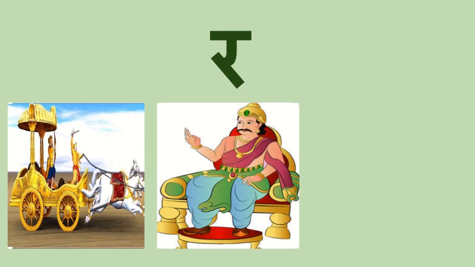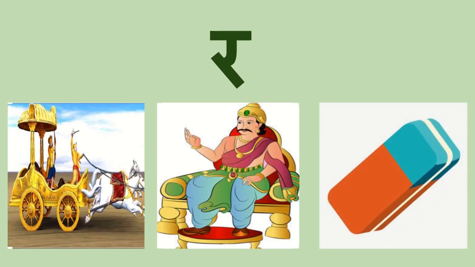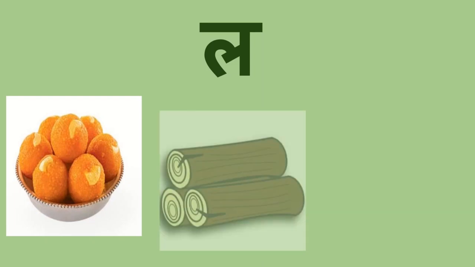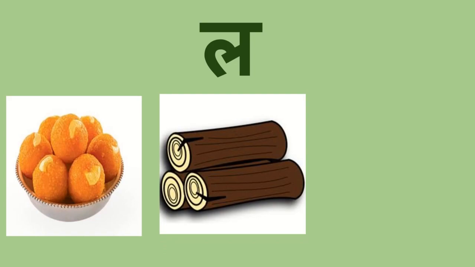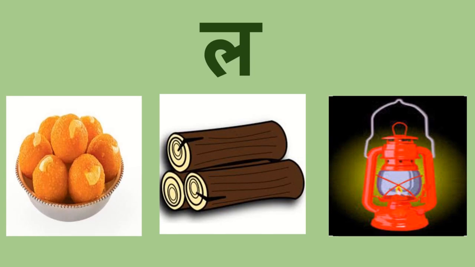R say raja, king. R say rubber, eraser. L say laddu. Laddu is laddu in English also because it's a sweet name. L say lakdi, wood. L say laltain. Laltain means lantern. It's a lamp.